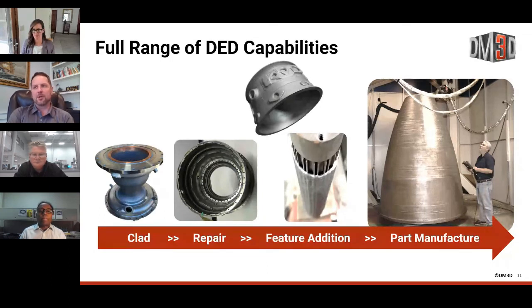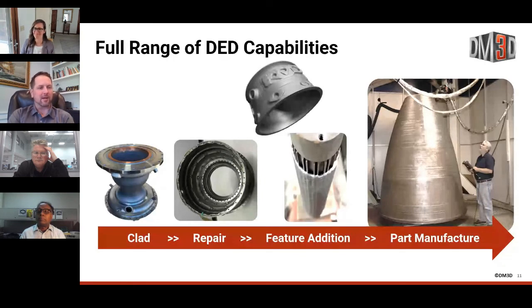If I could jump in here, Laura, I actually just had a meeting today with an aero engine OEM talking about DED for repair of components, and the dimensional control aspect is very relevant, right? They want to be able to put in the minimal amount of heat, have minimal dimensional impact, but also put in the minimal amount of material.